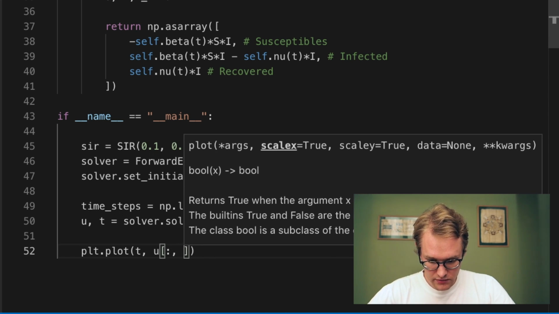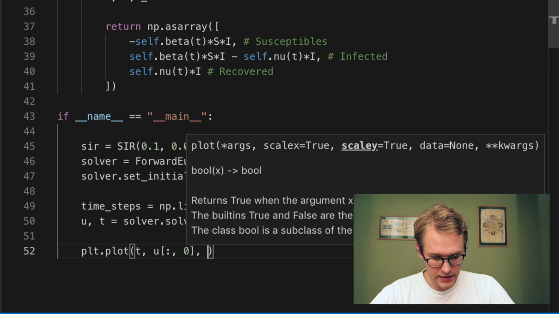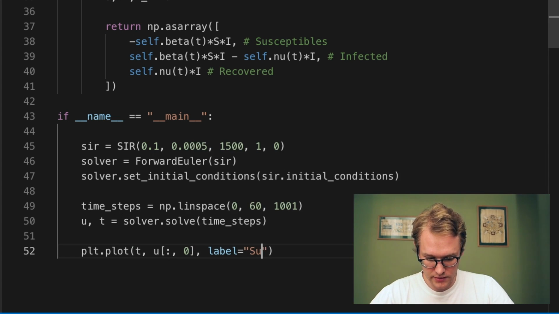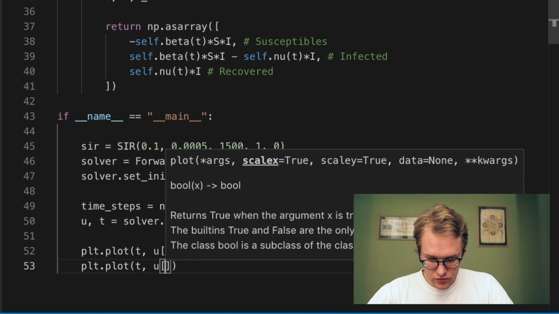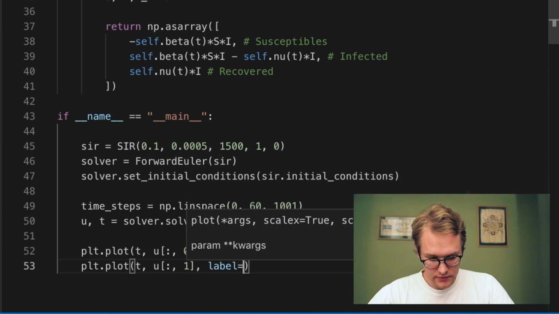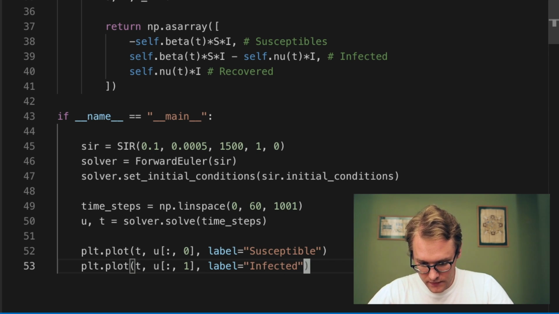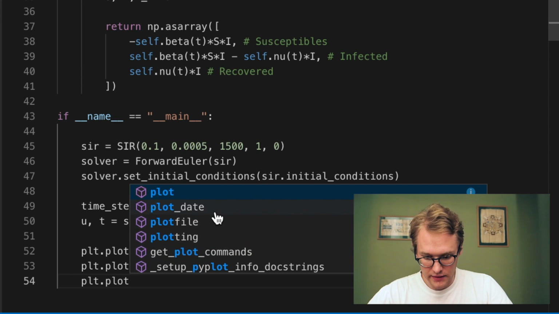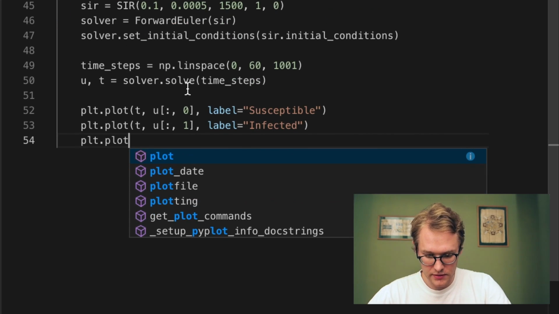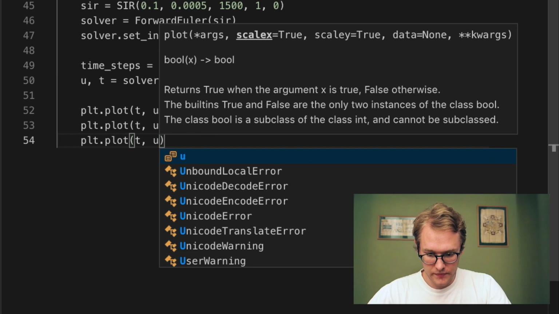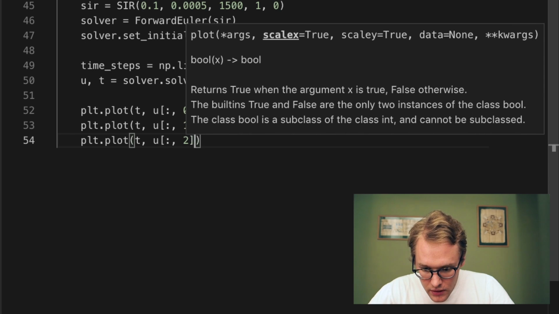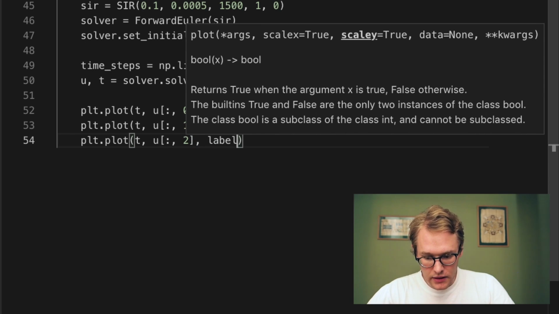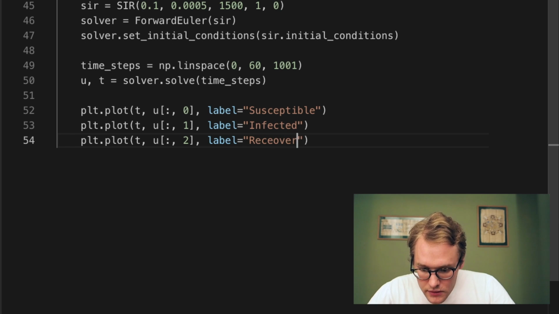So 0, that's our susceptible, and we have Q1, that's our infected, and we have our, just scroll up a little, TU 2, and that's our recovered.